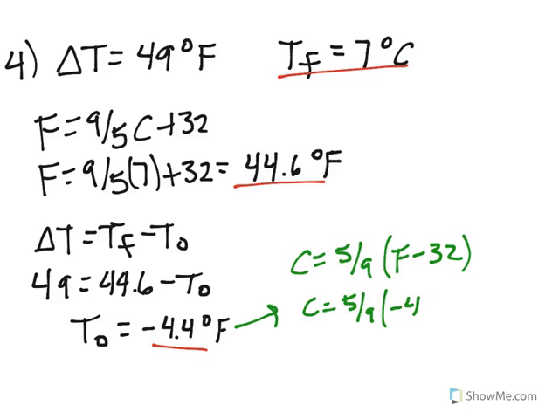So this is negative 4.4 degrees minus 32, and I get the temperature in Celsius is negative 20.2 degrees Celsius. So my initial temperature in Celsius is negative 20.2 degrees.